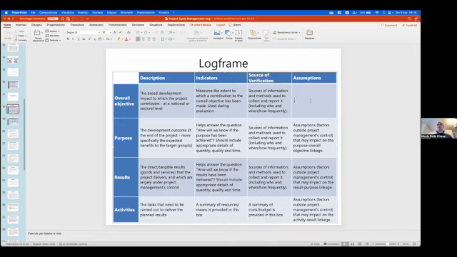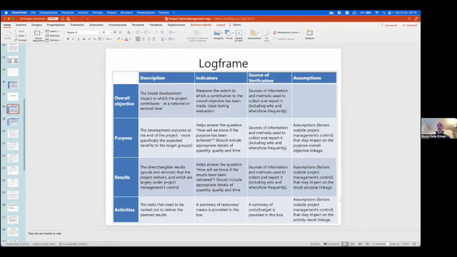We will see that a bit more in detail today. The idea of the assumptions is that they are defined as the factors outside the project's direct control that may impact the linkage between the different levels of the log frame.